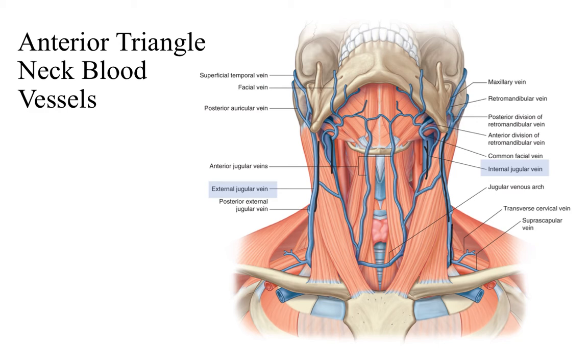But as it goes down into what we call the root of the neck, and we'll talk about that later on, then it becomes part of the posterior triangle. So then you also notice that the internal jugular veins are part of the anterior triangle of the neck, since you can see them. Here would be the dividing line, and there's the triangle. So they'd be in the anterior triangle.